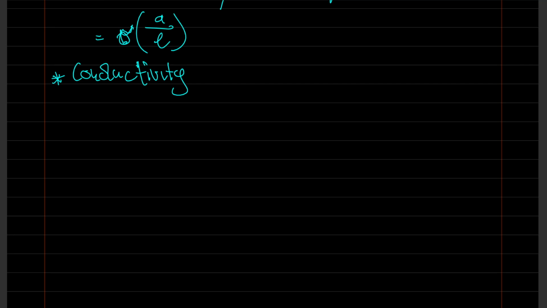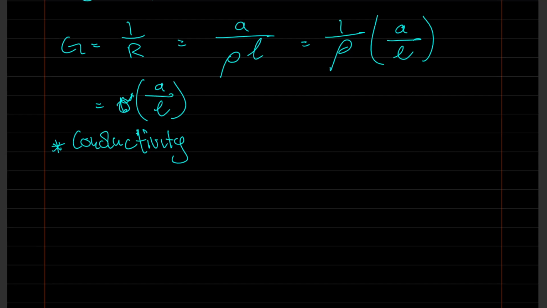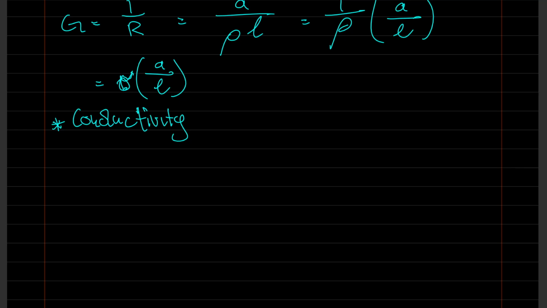Now we should note that this quantity 1 over rho that I put up here is actually the conductivity, and it is denoted by this sigma, or let me just write it down here. It is sigma.